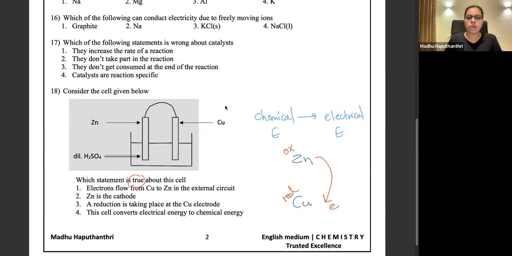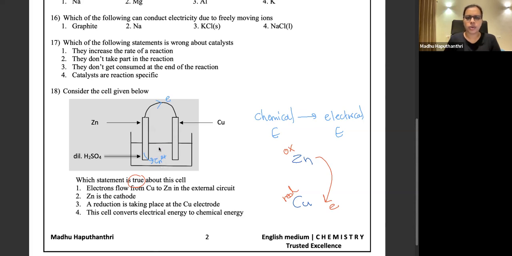When zinc is undergoing oxidation, the zinc rod is dissolving and releasing zinc 2 plus to the solution. Then the electrons are sent to the copper electrode through the external circuit. Now zinc 2 pluses are getting released to the solution.